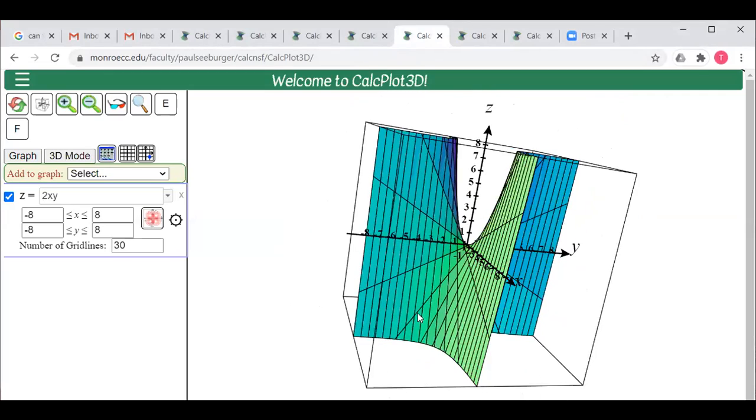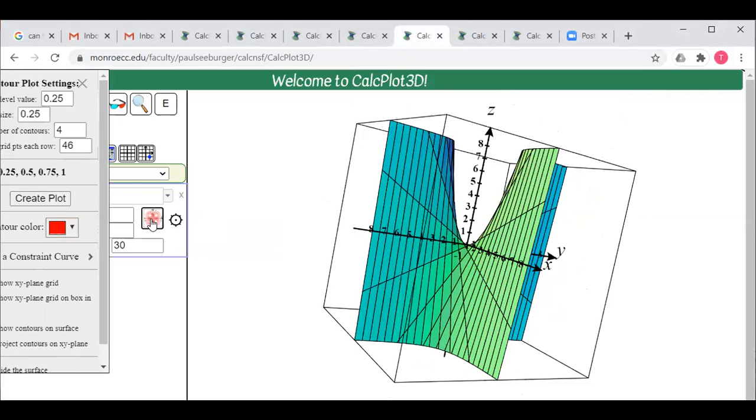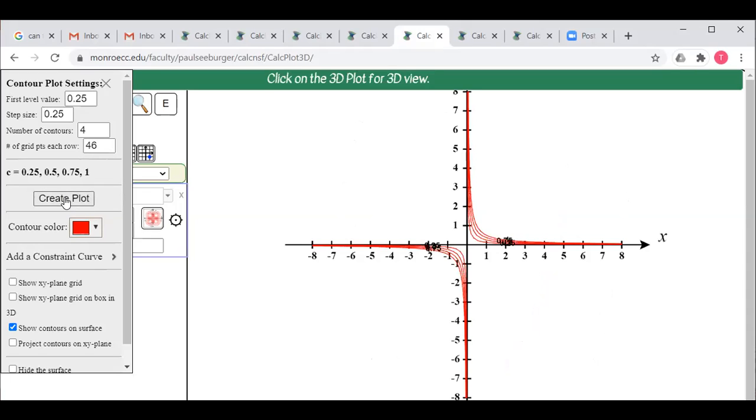That's why it's called a hyperbolic paraboloid, right? Now let's take a look at the level curves. The first one, they want to start with 0.05 and increase by 0.05. So let's create the plot. You see here, the level curves look like this.